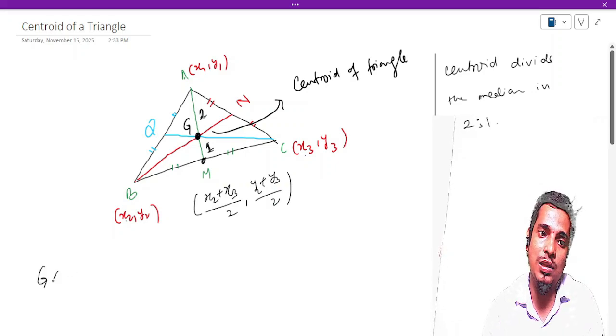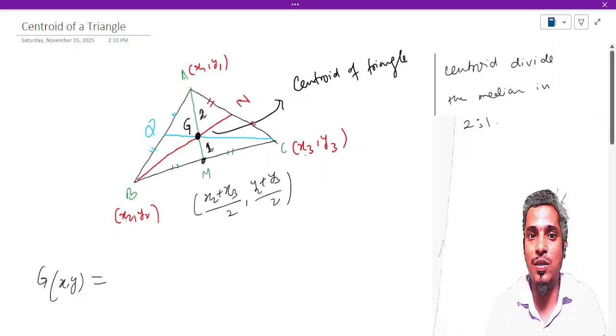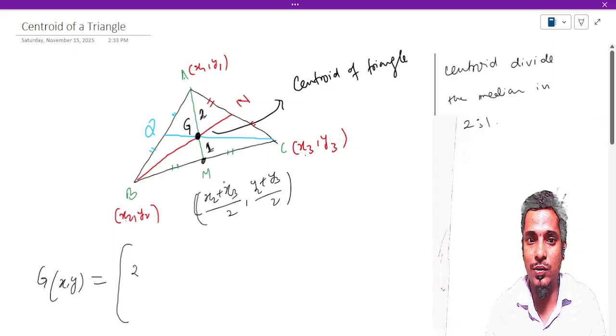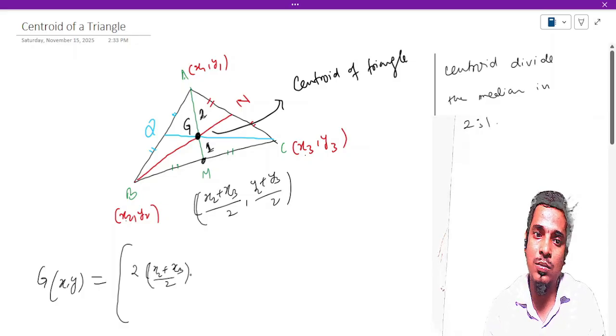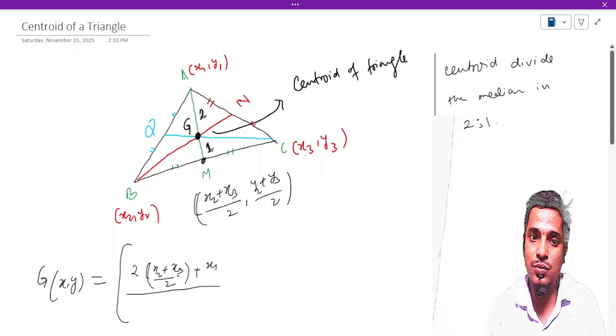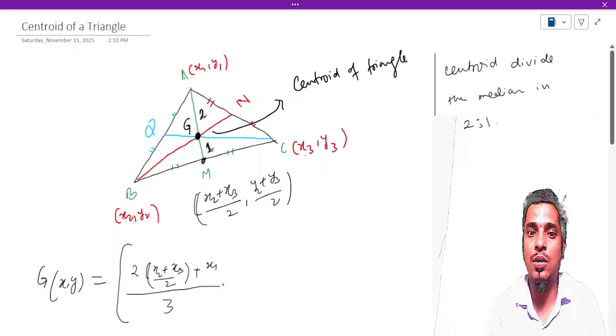The coordinate of G, x comma y, is equal to 2 times x2 plus x3 by 2, plus 1 times x1, divided by the sum of the ratio, 1 plus 2, which is 3.